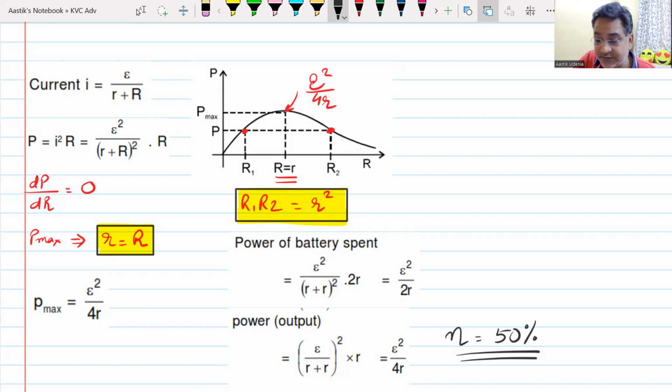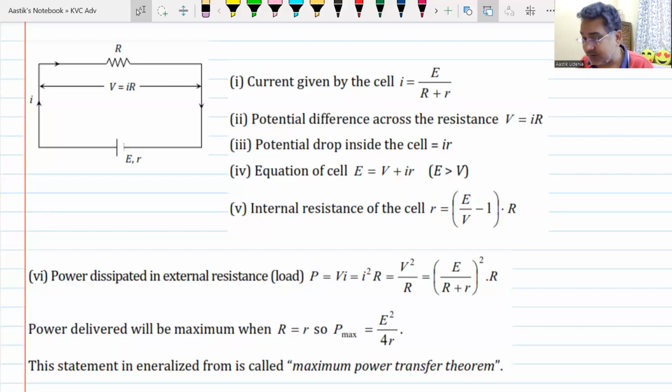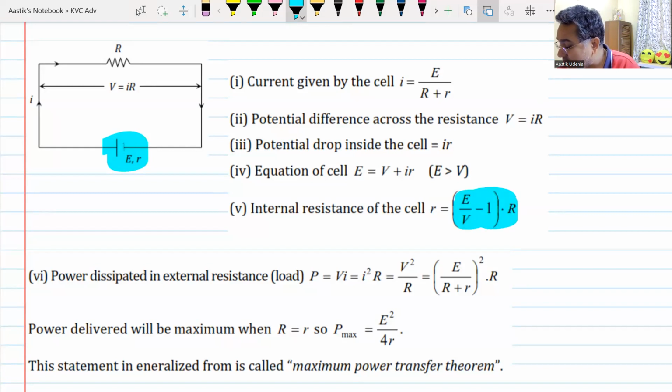Maximum power transfer theorem. And again, this thing here, the only thing you have to note, everything else is the same. The internal resistance of this battery or cell can be calculated in this way: r = (E/V - 1) into R, where E is the EMF of the battery, V is the potential difference across the battery terminals, minus 1 into capital R. It's a very important result because this result would be used to find out the internal resistance of a cell using a potentiometer.